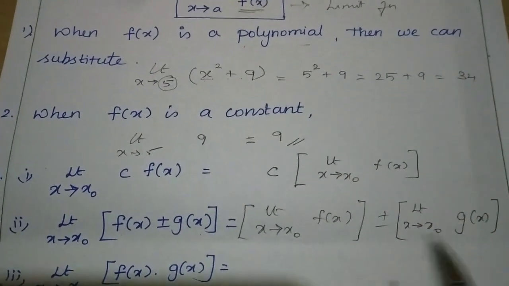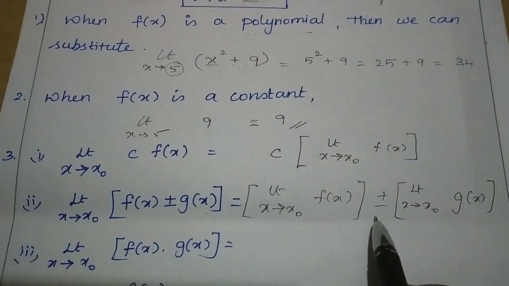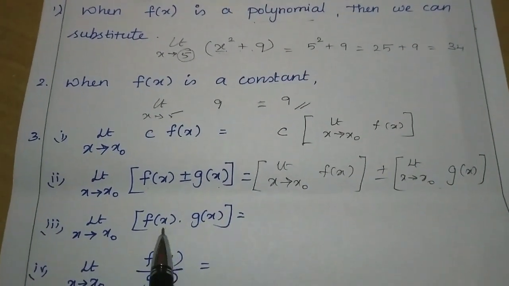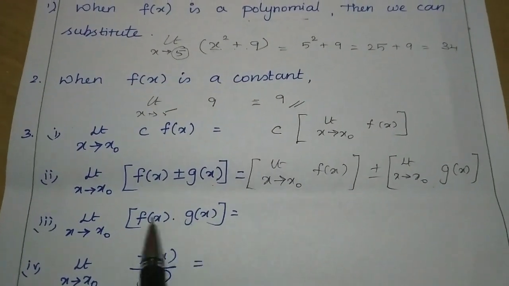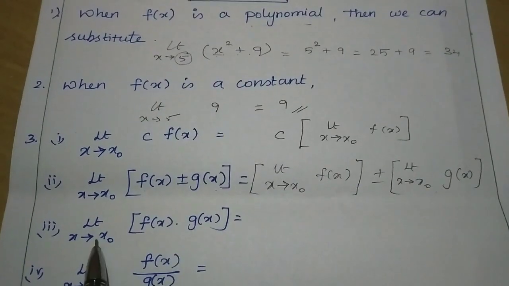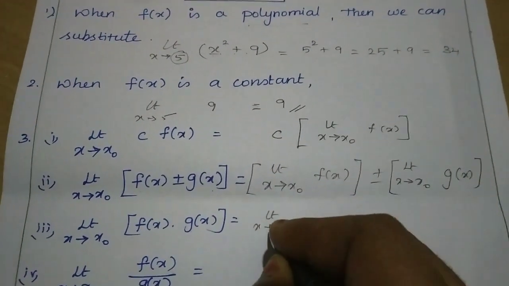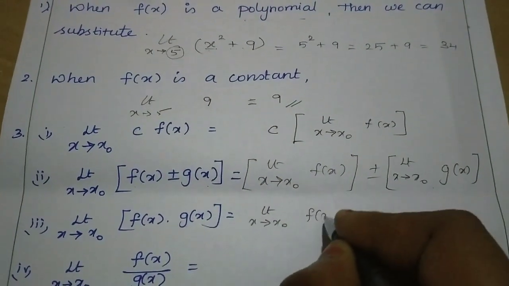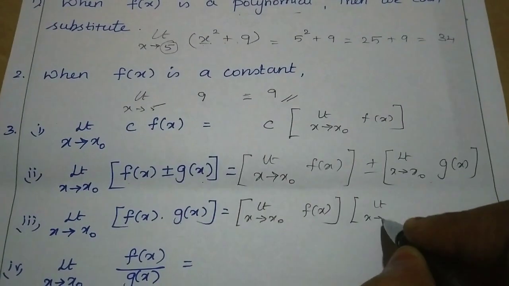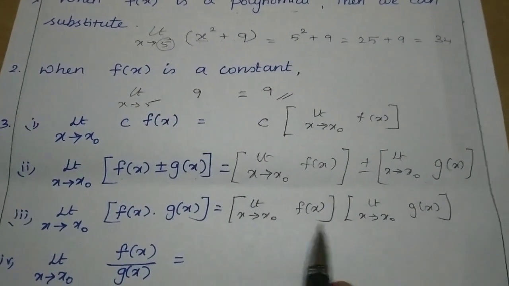So like this, you can split two functions in an addition or subtraction. Similarly, you can also split a product. If it is a product of two terms, you can substitute the limit value separately in the two terms. So limit x tends to x naught of f of x into limit x tends to x naught of g of x. So in this way you can split.